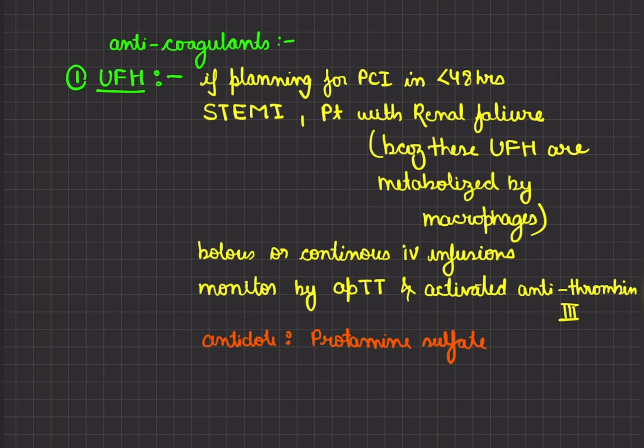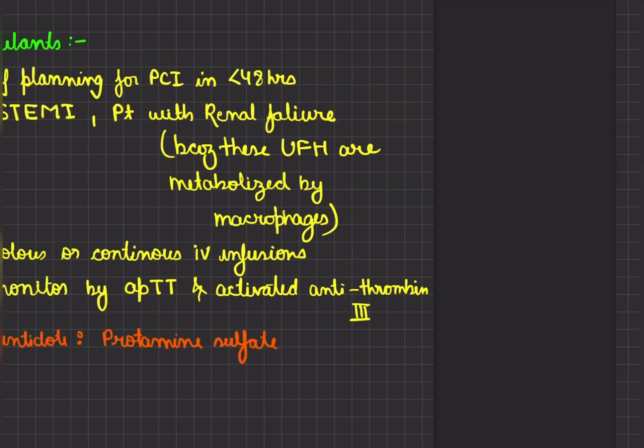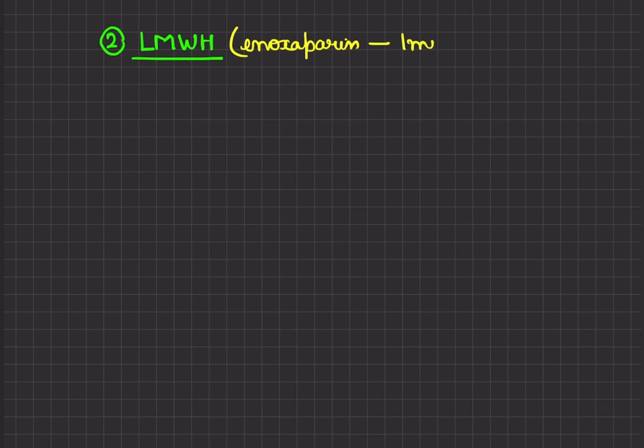Now let's move to our second anticoagulant, low molecular weight heparin. Its example is enoxaparin, that is given 1 mg per kg subcutaneously BD.